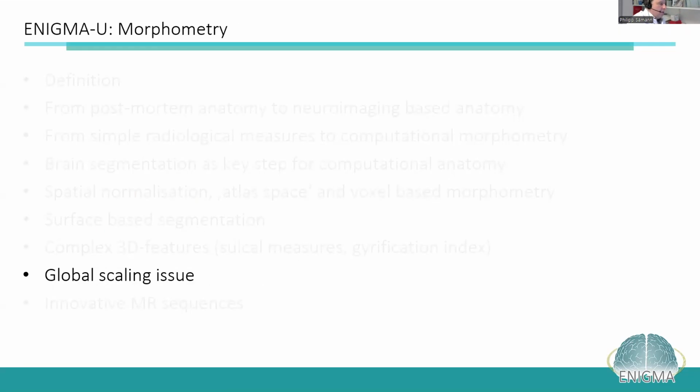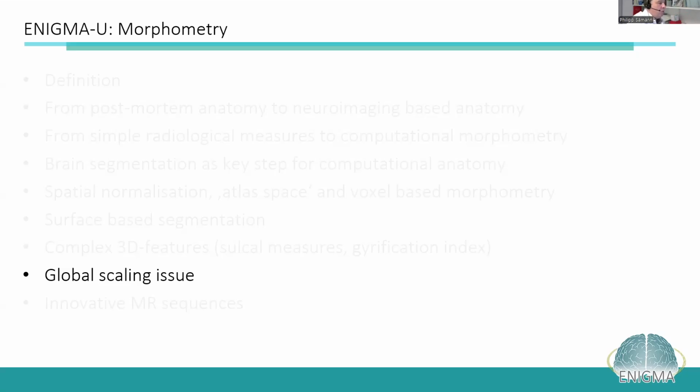There's one important statistical issue when it comes to analyzing sizes, distances, shape features, or volumes of the brain. And this is that most geometric features scale with the size of the intracranial volume or the size of the total brain.